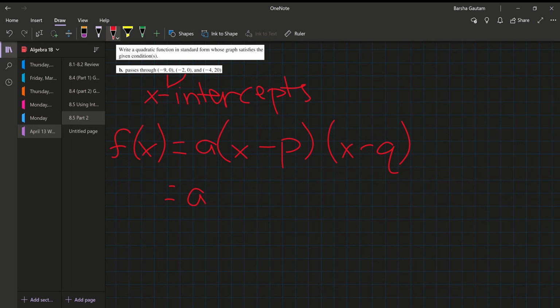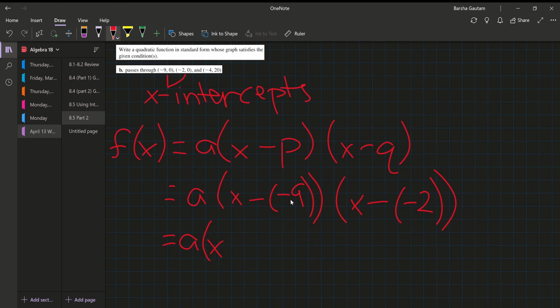So we're going to leave the a because we do not know what our a is yet, and p, we're going to replace with -9. And then x minus q, which is -2. And now we're going to simplify. Negative times negative 9 is positive 9. And a negative times a negative is also positive, so it'll be x plus 2 now.